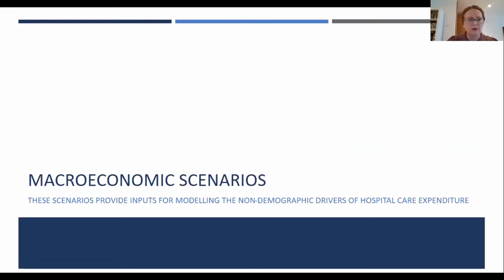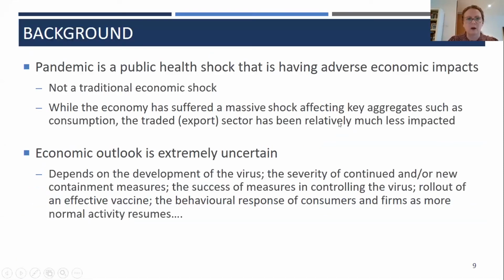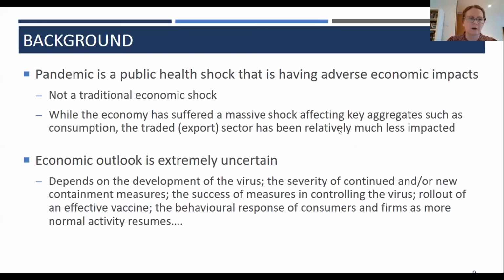So turning now to our macro scenarios, which we use to model the non-demographic drivers of hospital care expenditure. So just by way of background, the pandemic is a public health shock that's having adverse economic impacts.